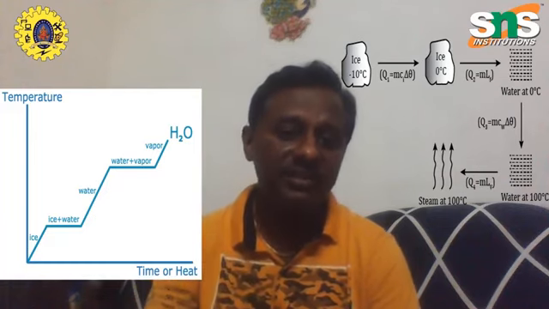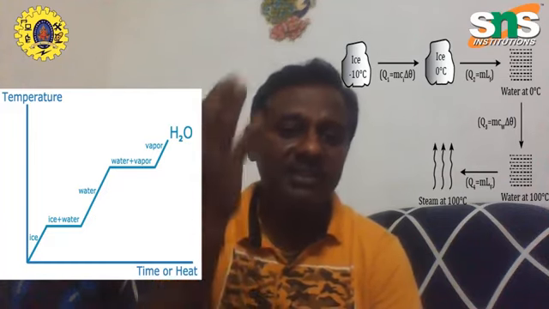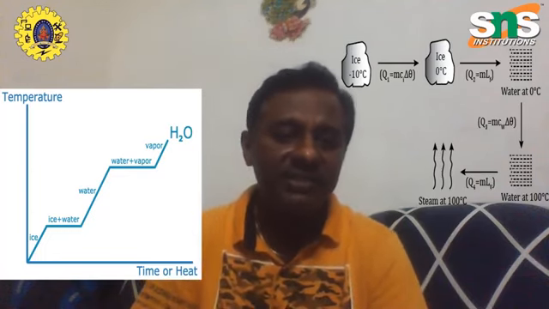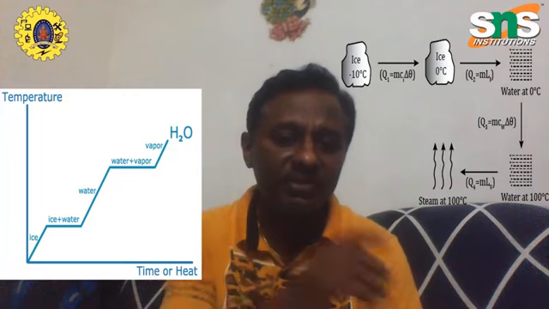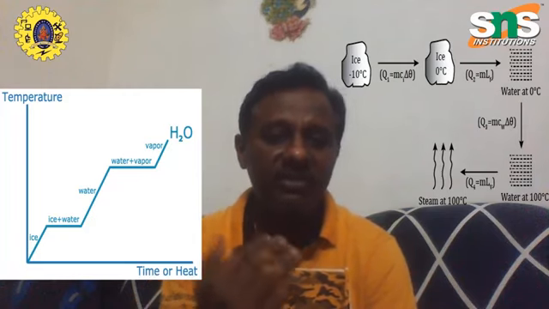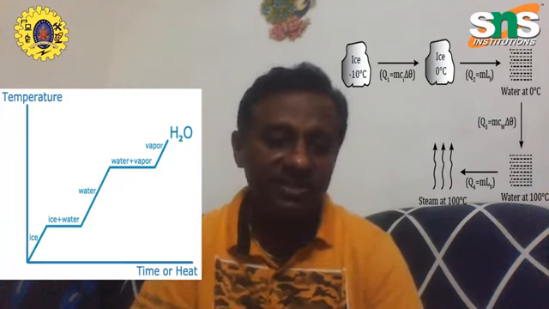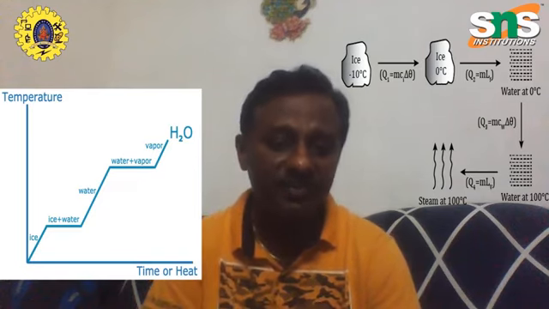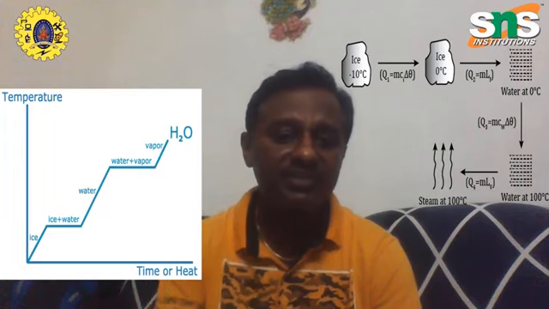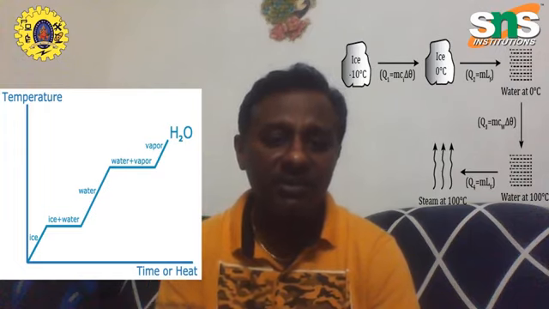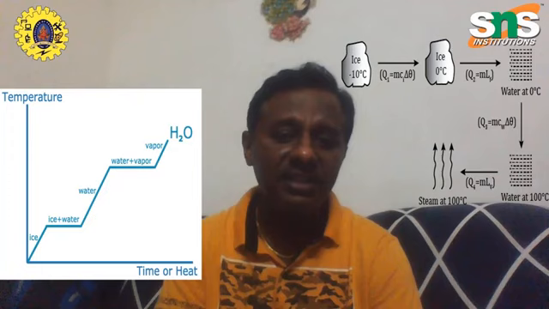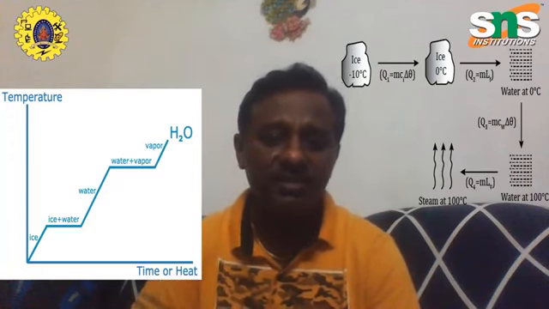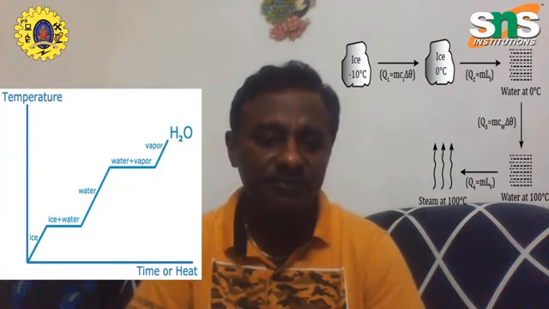Beyond 100 degrees Celsius, if steam is formed, say the temperature of the steam is 150 degrees Celsius at 1 atmosphere pressure, then whenever steam is formed above the boiling point temperature, the steam is called superheated steam.